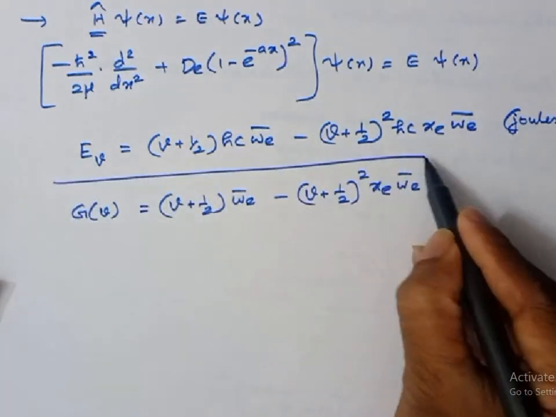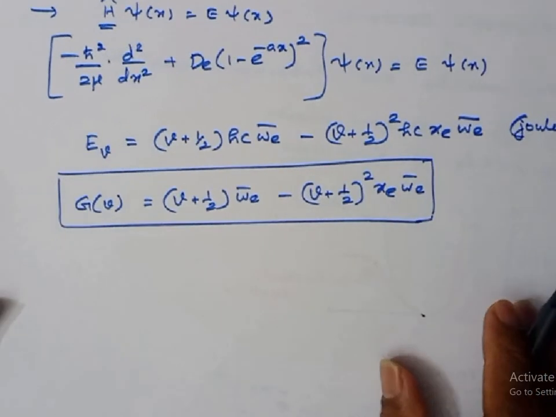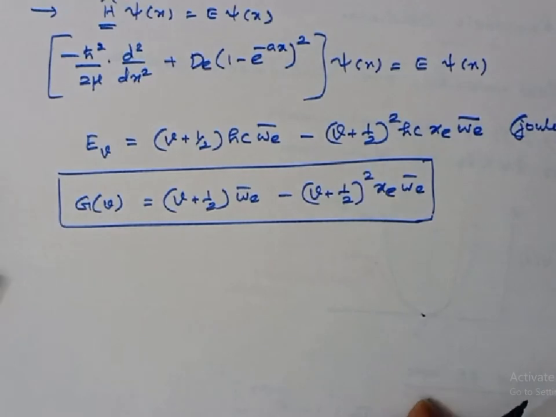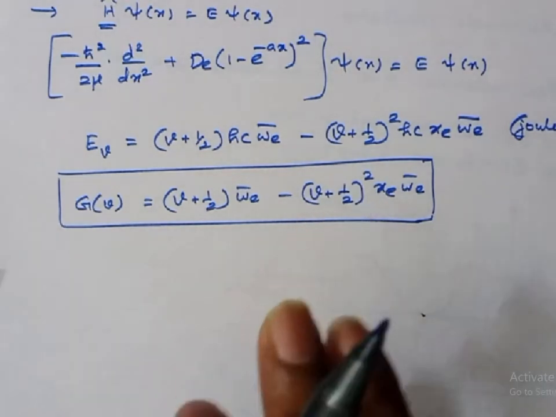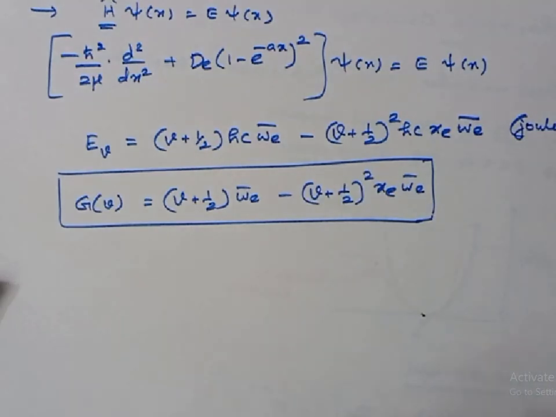So this is the quantized vibrational energy for a diatomic molecule, assuming the molecule as a Morse oscillator, that is, it follows the Morse potential energy function.